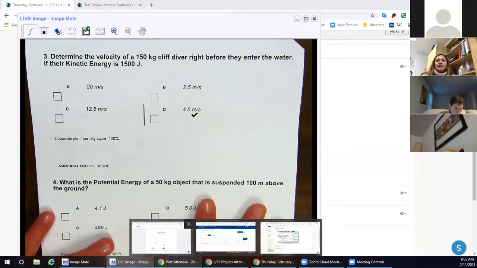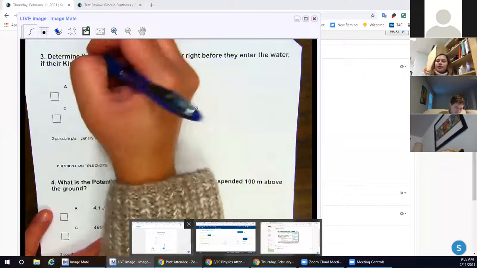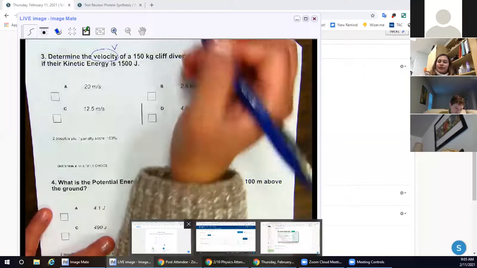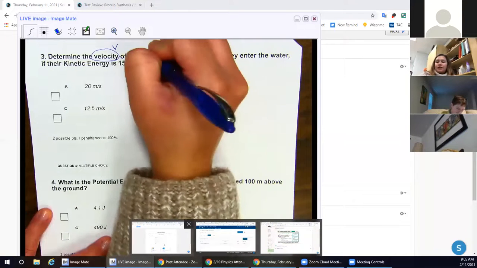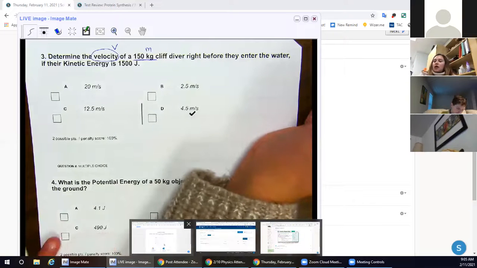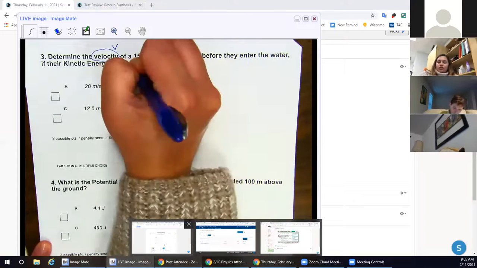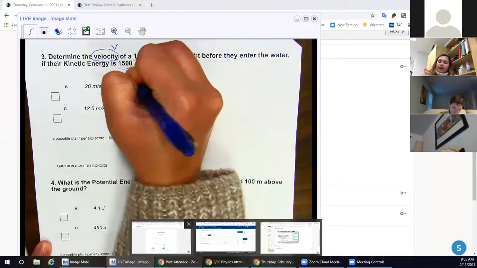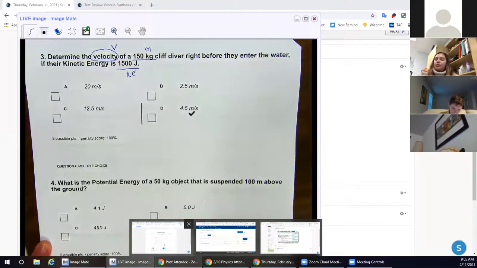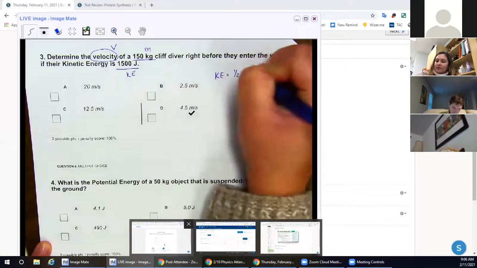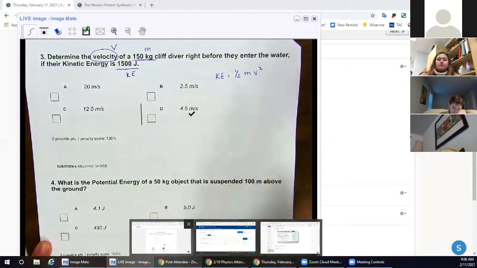Number 3, determine the velocity. So we're looking for velocity of a 150 kilogram diver. 150 kilograms is our mass. Right before they enter the water, if their kinetic energy is 1500 joules. So that's our kinetic energy. We're going to use that same formula. Kinetic energy equals 1/2 mv squared.